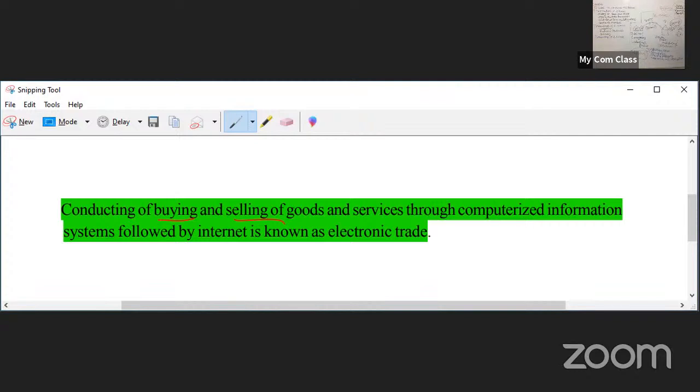With that, electronic commerce and electronic business.